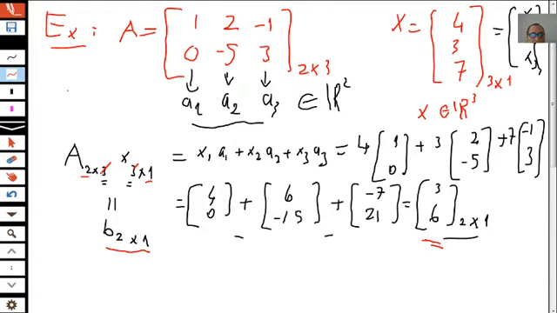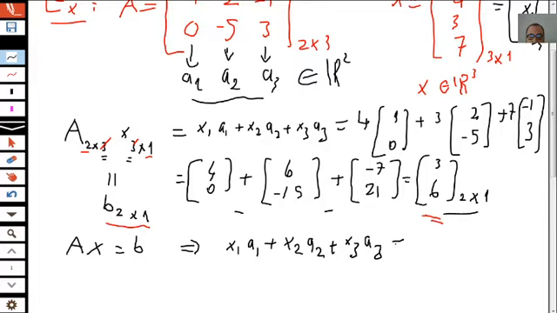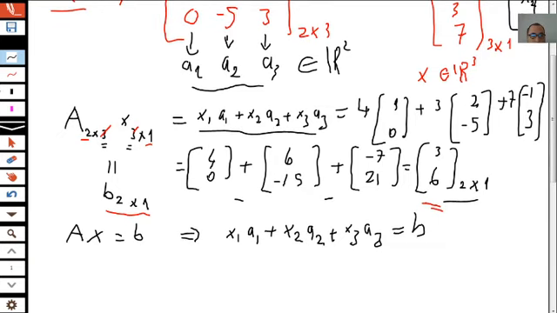Therefore the matrix equation A times x is equal to b actually corresponds to x1 times a1 plus x2 times a2 plus x3 times a3 is equal to b.